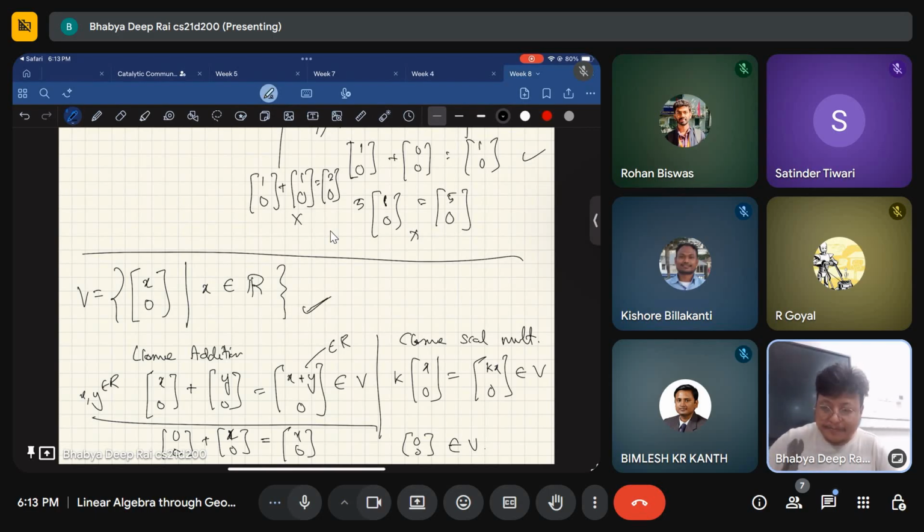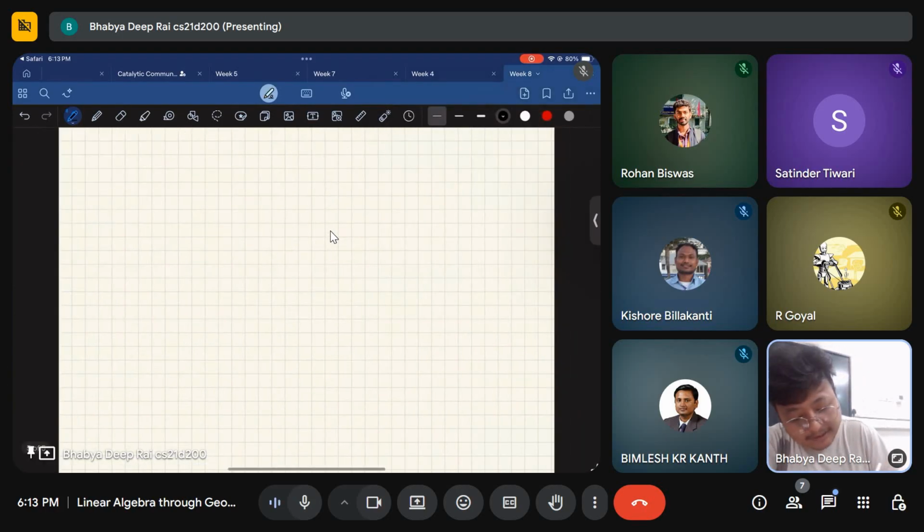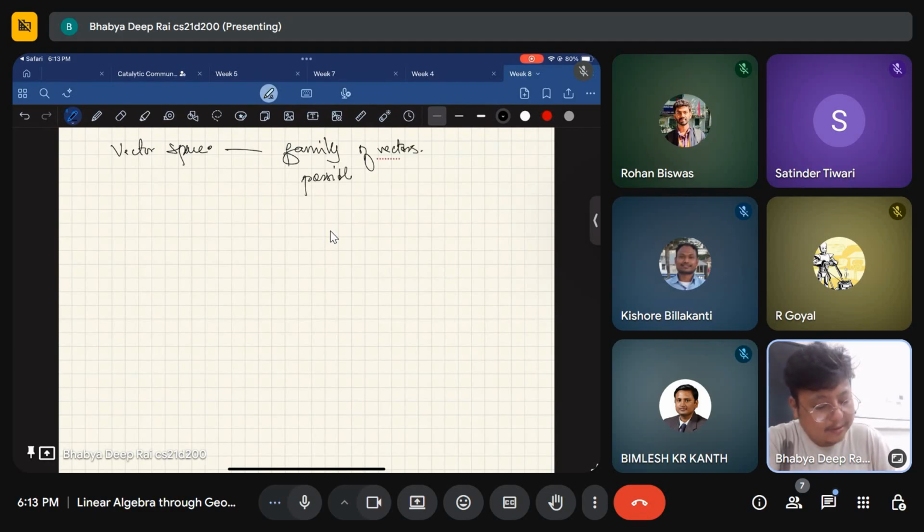Okay, now one thing you may see is that a vector space, okay, is of course a family of vectors, and it's usually possibly infinite, unless it's the trivial zero vector.